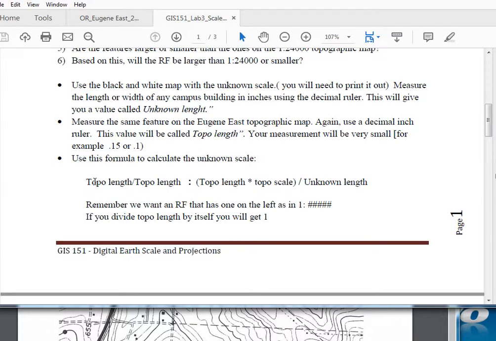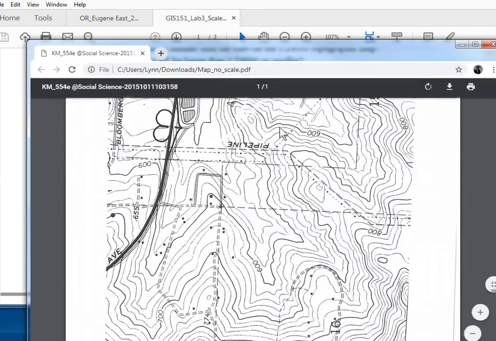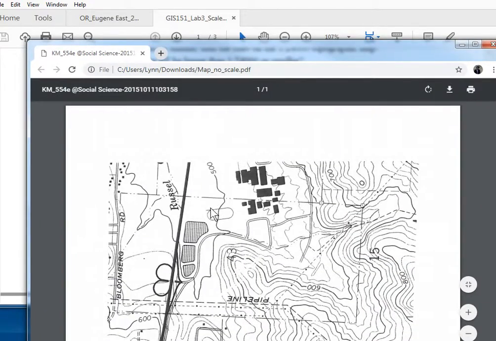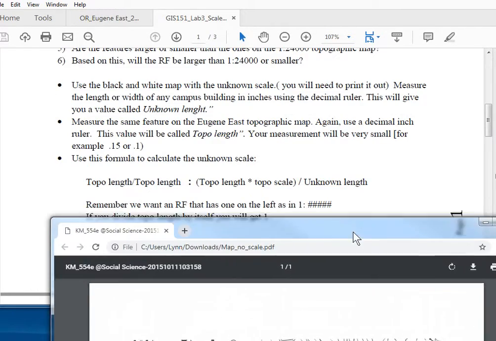What you want to end up with is a representative fraction that is 1 to some number. Again, you're not going to have any units. So what I would do is find something that's really easy to measure, that's pretty linear. In class we did the little buildings just for fun, for people to see how close they could get. But if you measured from this point down to that point on the map with unknown scale, that would be your unknown distance.